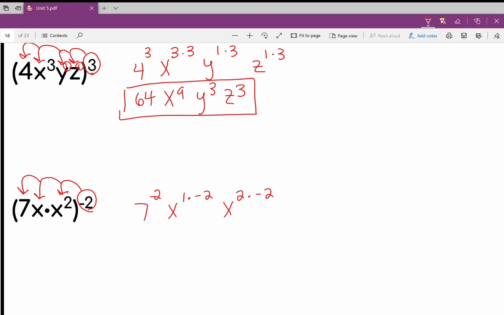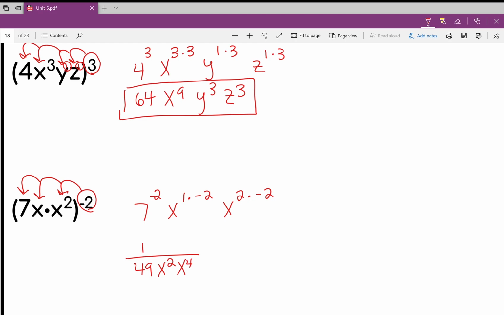So 7 to the negative 2 power is 1 over 49. X to the 1 times negative 2 is x to the negative 2. But since it's negative, we're going to put it on the bottom and make it positive. And then we have x to the 2 times negative 2, which is x to the negative 4. And again, since it's negative, we're going to put it on the bottom and make it positive.